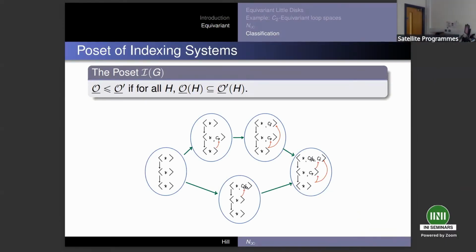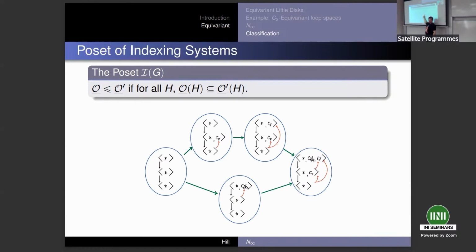This one is little disks on infinitely many copies of the trivial representation for CP squared. This one is little disks on infinitely many copies of the regular representation for CP squared. If I'm looking at p bigger than 3, or actually even bigger than 2, because I'm doing CP squared, this is also little disks on infinitely many copies of 1 plus the rotation by e to the 2 pi i over p squared.